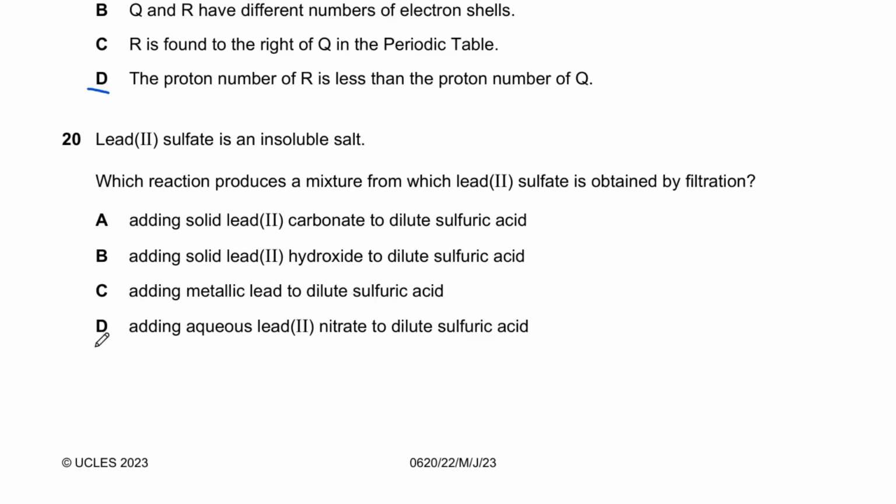Then lastly, D, adding aqueous lead(II) nitrate to dilute sulfuric acid is our correct answer. Why is it so? Lead(II) nitrate is soluble, sulfuric acid is soluble. So they will form lead(II) sulfate, which is insoluble and can be filtered. Please remember this, a precipitation reaction is soluble salt plus soluble salt to give us an insoluble salt.